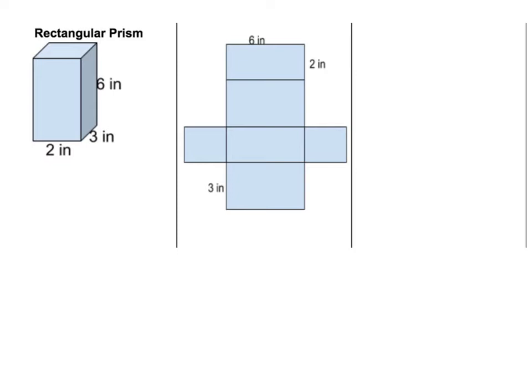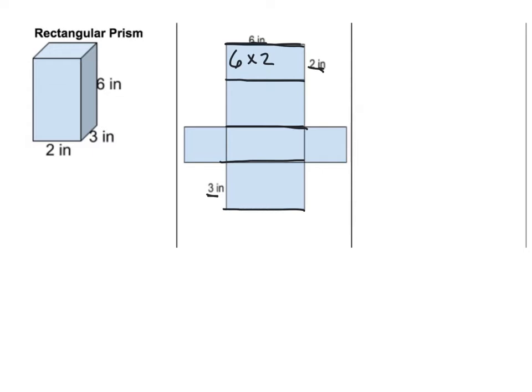So we can use a lot of these measurements that were given here to figure out the measurements of other sections. So this is 6 by 2. And note that because this top area is 6 inches, then this also has to be 6 inches, as does this, and this, and this.